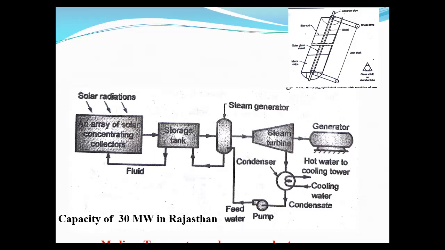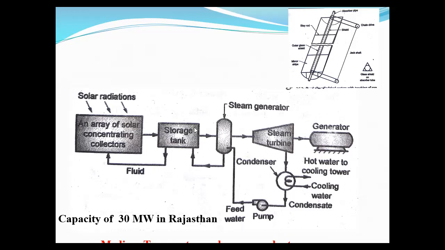The steam entering the steam turbine expands over the moving and fixed blades and rotates the shaft of the steam turbine, which is coupled to a generator, and the generator is operated and generates electricity. The expanded steam leaves the steam turbine and enters the condenser, where it condenses by rejecting heat to cooling water, and the condensate is again pumped to the steam generator with the help of a feed pump.